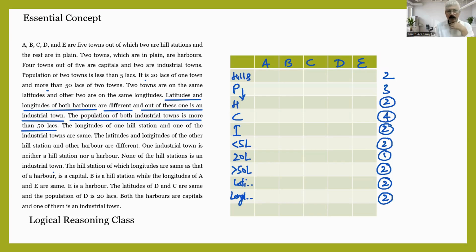The longitudes of one hill station and one of the industrial towns are the same. Okay. We cannot decode this right now. The latitude and the longitude of the other hill station and the other harbor are different. Again, this cannot be decoded.